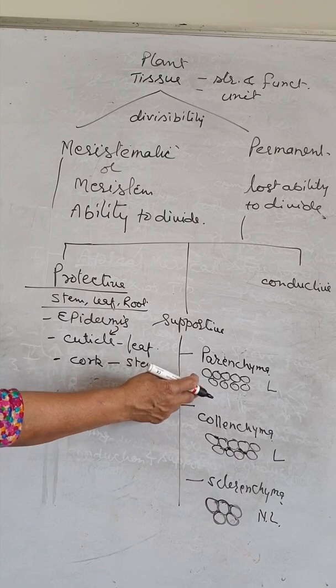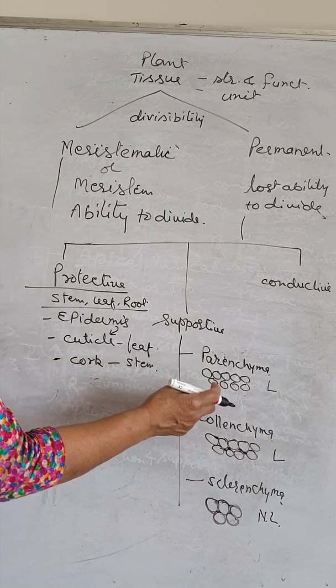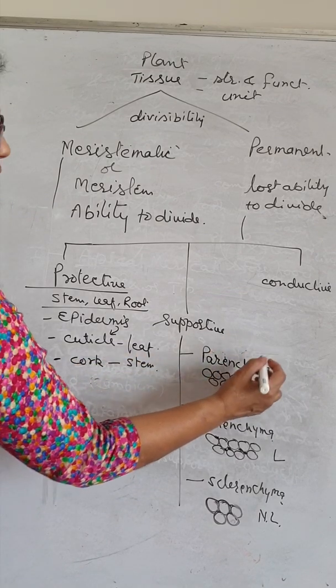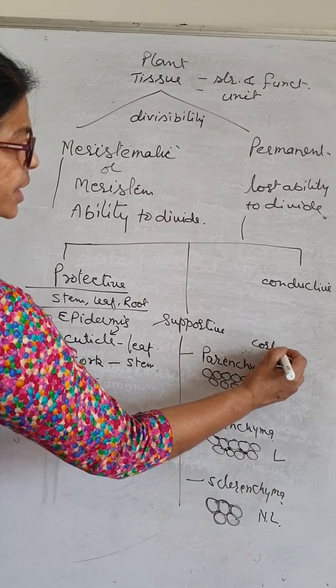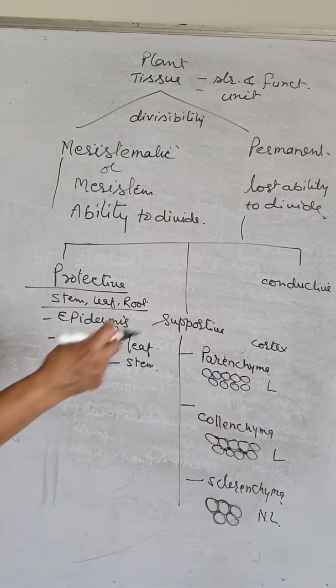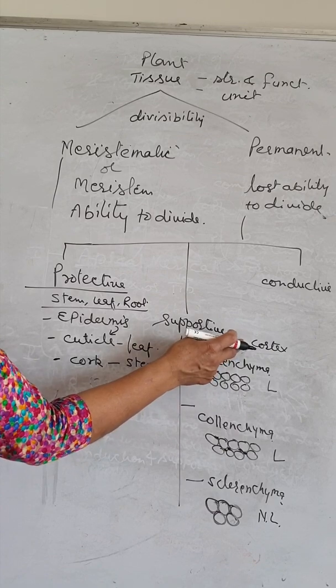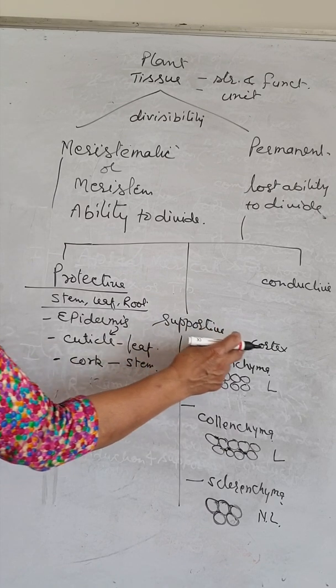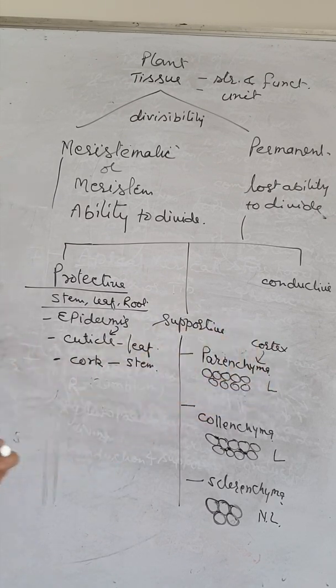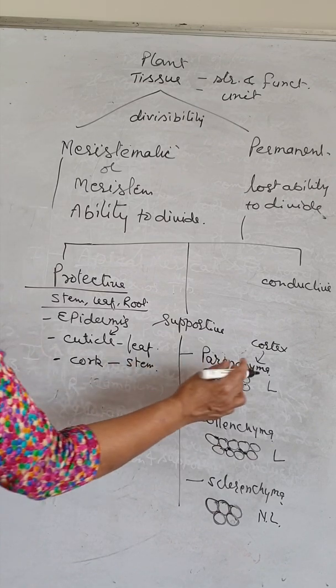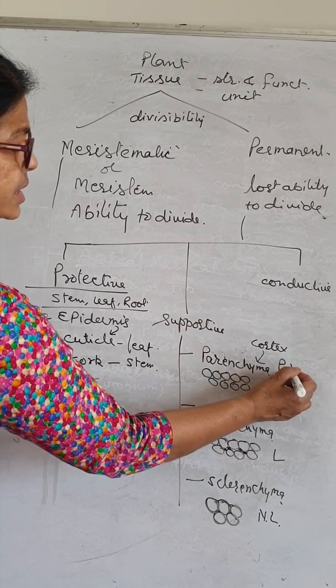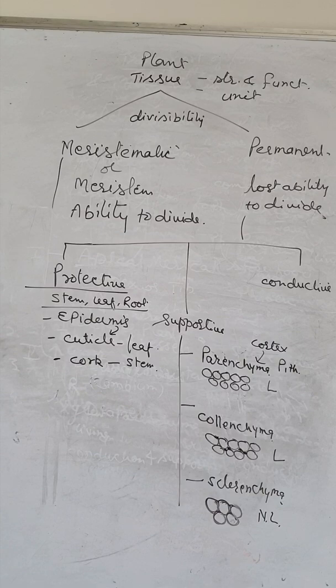The parenchyma is found in the cortex. The part of the stem, the part of the plant below the epidermis, is called cortex. The cortex is made up of parenchymatous cells, and it is also found in the center of the plant. The center of the stem or root is called pith.